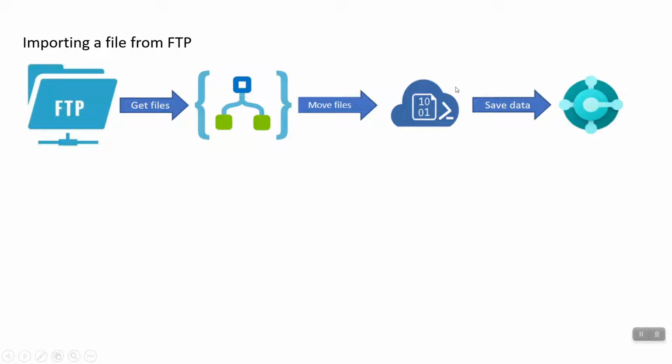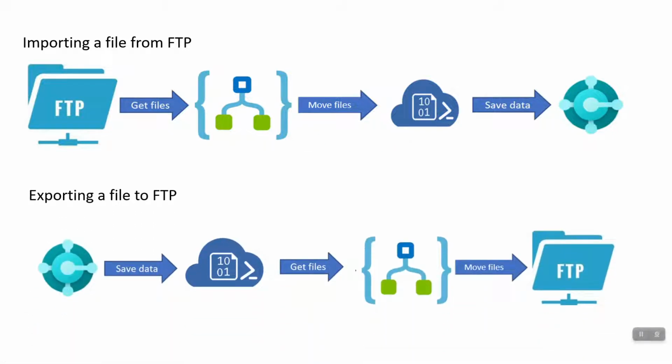Either we can directly save the data into Business Central, or we can have one more extra step to parse the data in Azure Functions, so that later we can store that data into Business Central. For simplicity, we will not use Azure Functions. From blob storage, we will read it into Business Central. This is for importing a file.